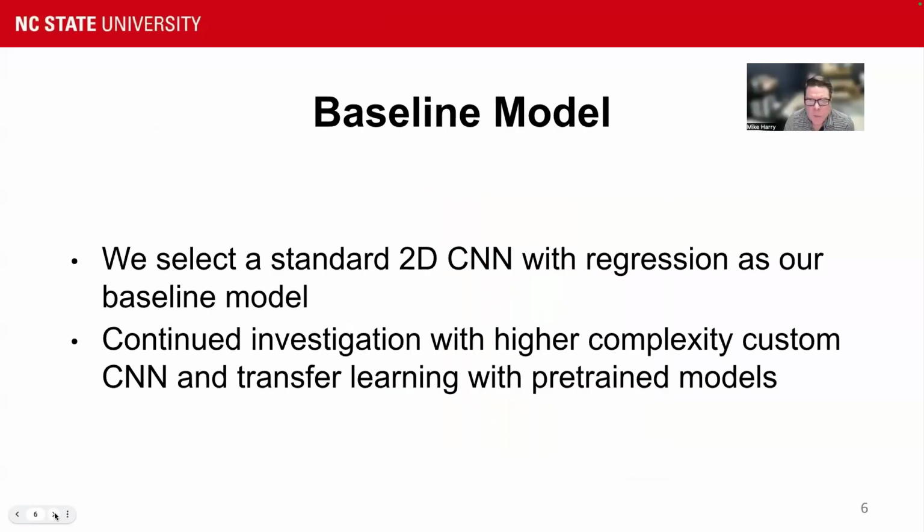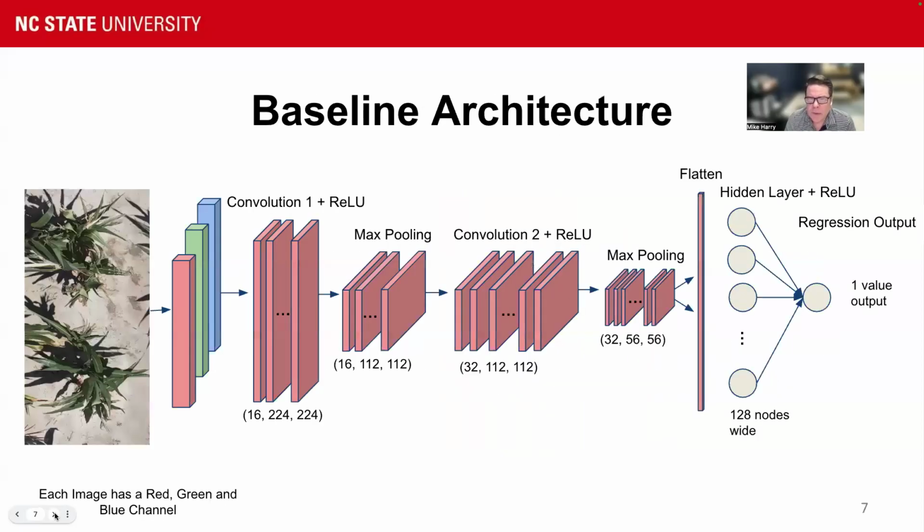For our baseline model, we started with a simple 2D convolutional neural network with regression. We continued our investigation by going to a more complex custom CNN, and then transitioned into transfer learning with pre-trained models. This shows the simple nature of our original CNN.